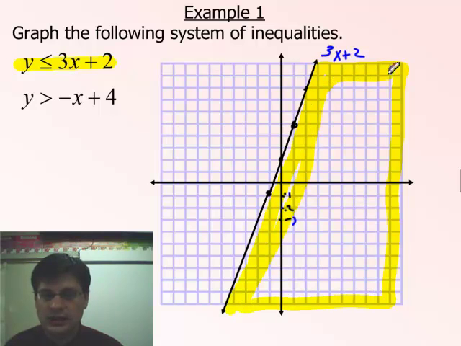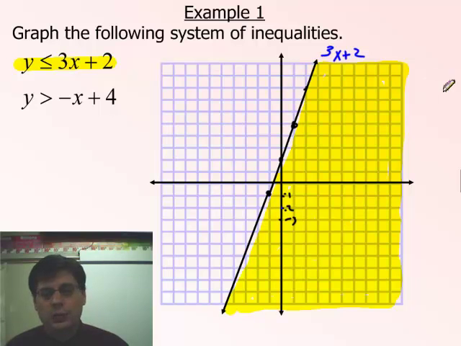Remember, when solving equations, a solution is any point on that line. You can take any point on the equation line, substitute it in, and you'll get a true statement. All right, so that's good enough.